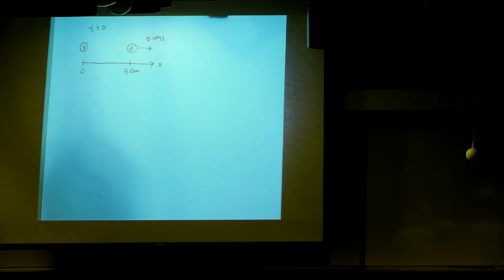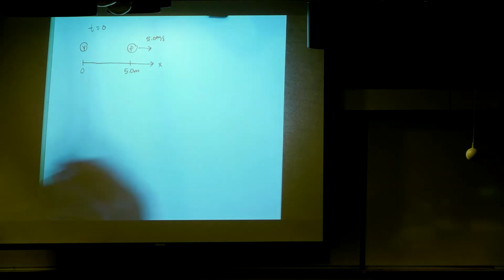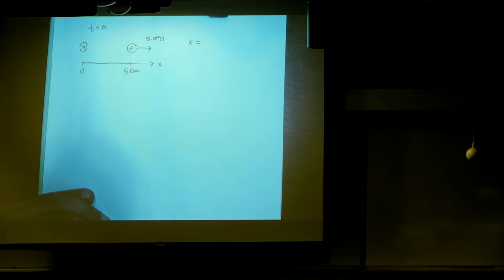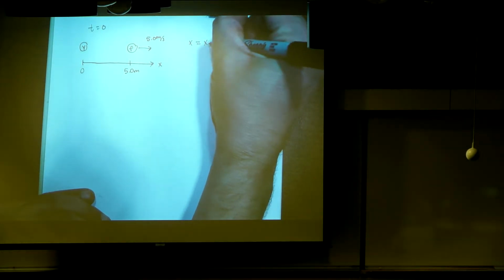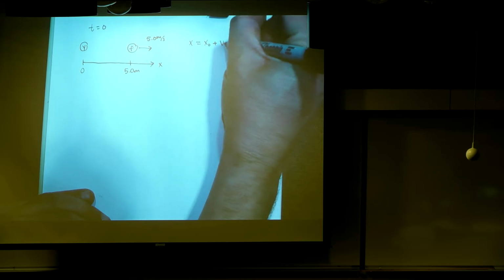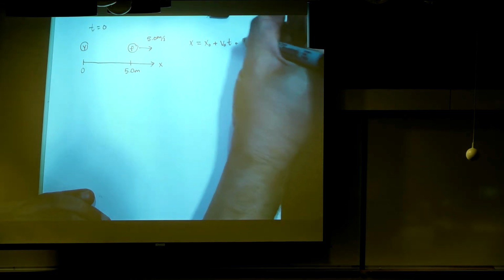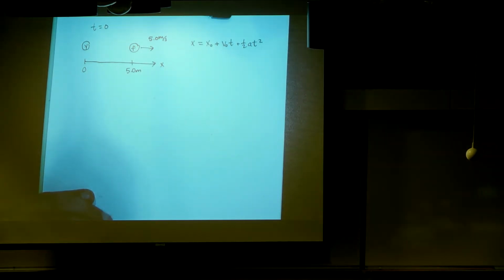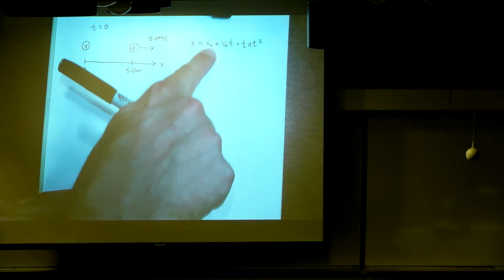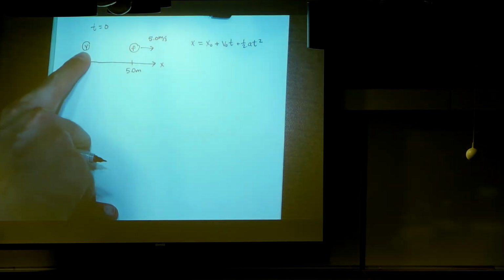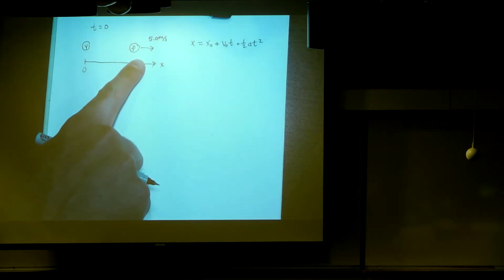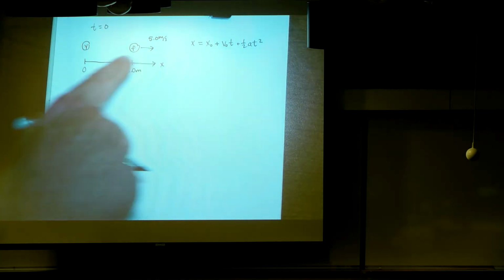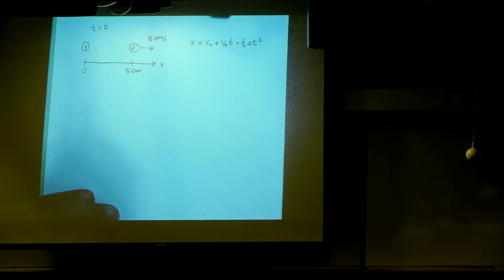Okay. So what I'm going to do next is just write down a general kinematic equation that is going to be useful here. It says x equals x naught plus v naught t plus a half at squared, okay? We can apply that equation both to your motion and your friend's motion. And so we can have, in other words, x as a function of time for both you and your friend.